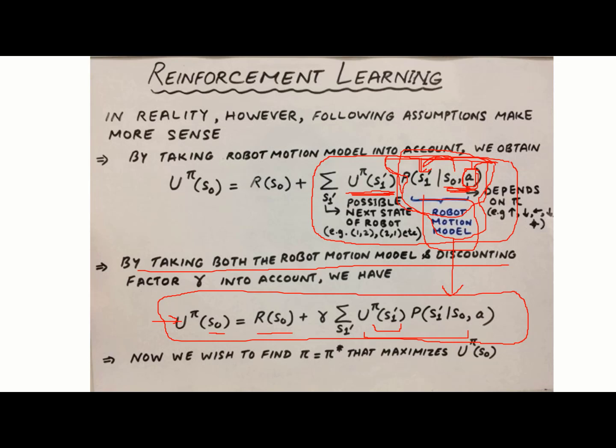Our job in reinforcement learning is to find a policy pi, because a robot is moving from one state to another according to some policy. So our job is to find a policy pi star that gives us the maximum expected accumulated reward. So that is the problem that reinforcement learning tries to solve.